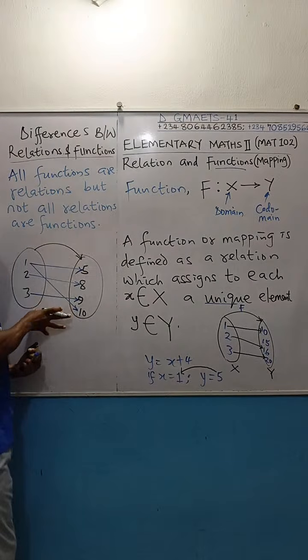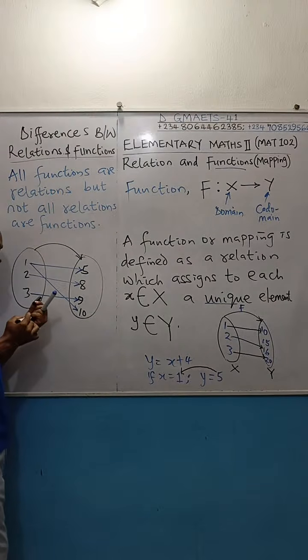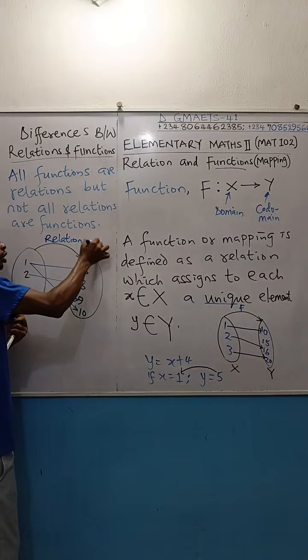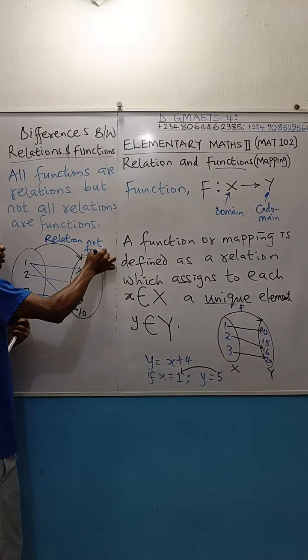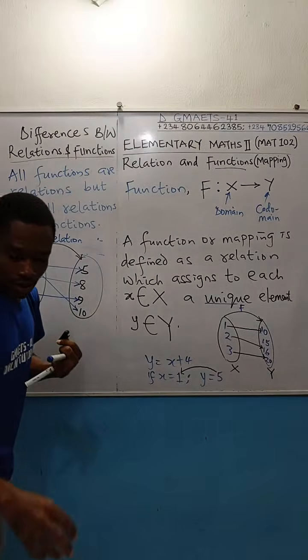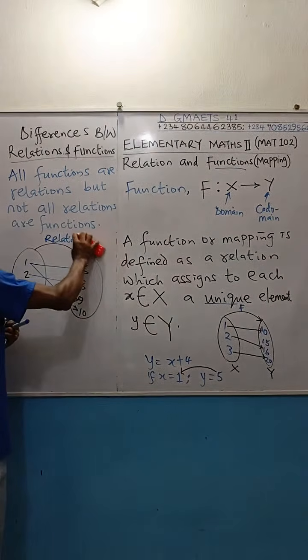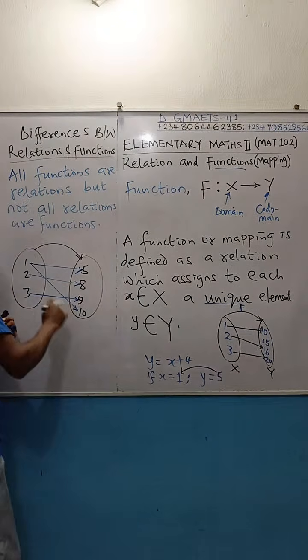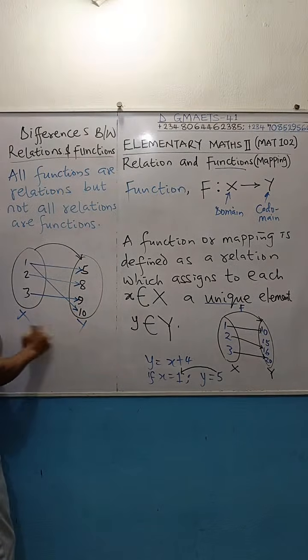This diagram you're seeing here is a relation. Not a function. Let me write it on the board so that you don't confuse it with the rule of thumb given above. This time you are seeing this is X, this is Y, domain and codomain.